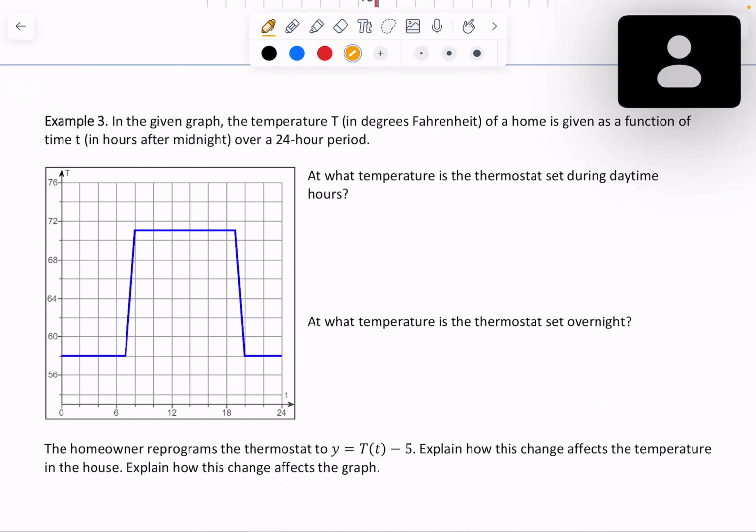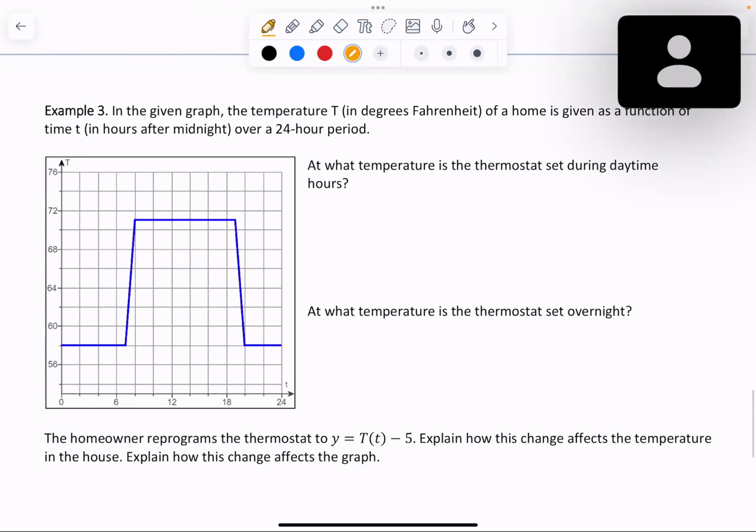So during daytime hours, it's looking at in between 7 a.m. and 7 p.m. What do you think?